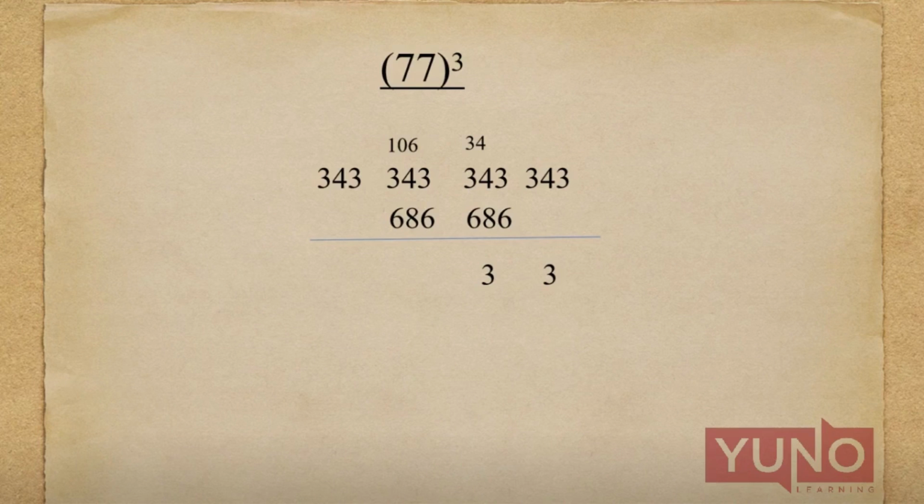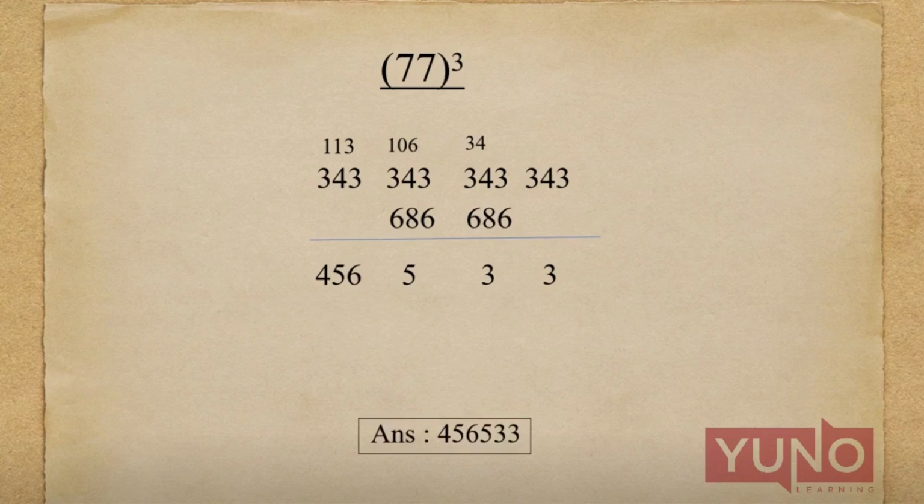Now 343 plus 686 plus 106 is 1135. So I will be writing 5 in the answer and 113 will be our new carry. Now 113 plus 343 is 456, and our final answer will become 456533.